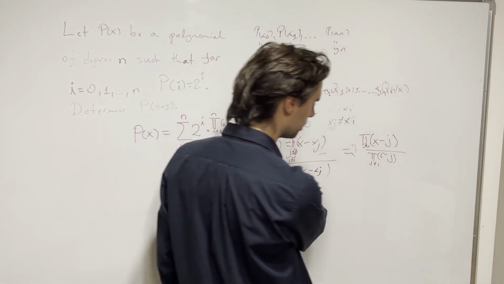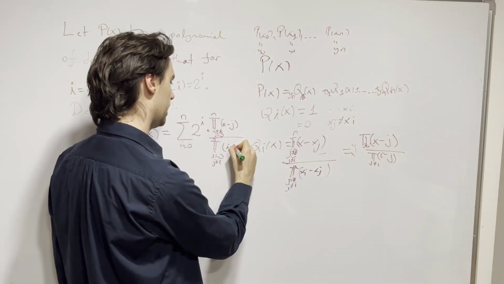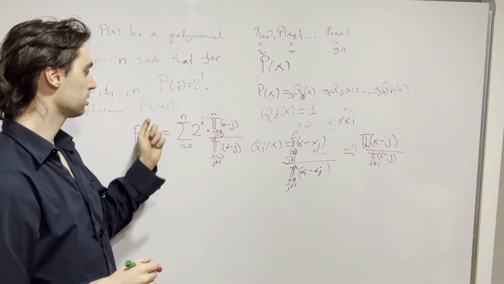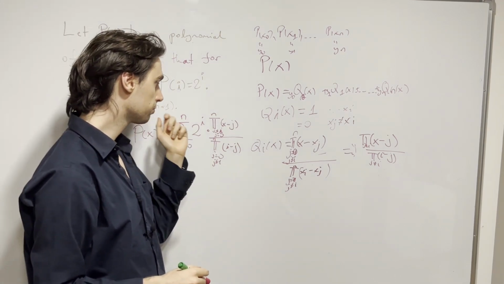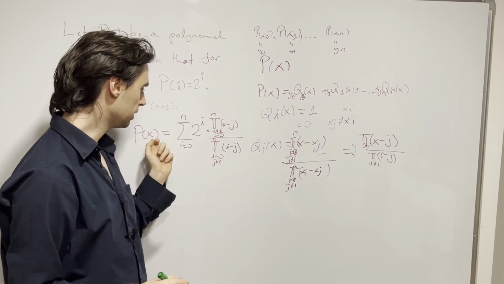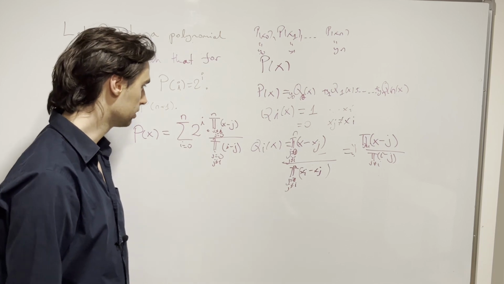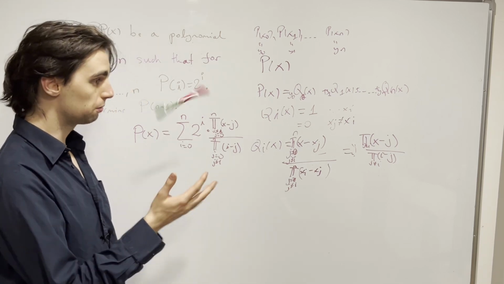We're going to have i minus j. And now when you plug in x equals n plus 1, what you are going to need to do is figure this out, which is not going to be beautiful now, is it?